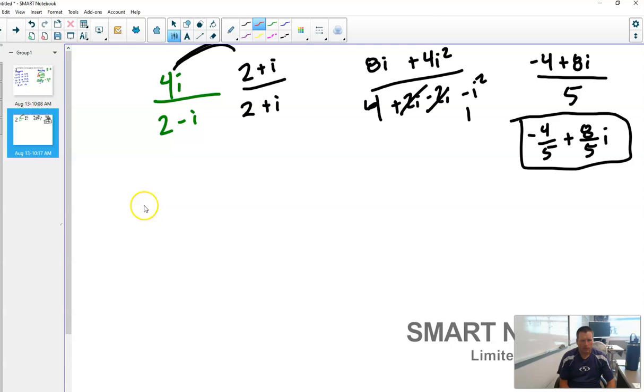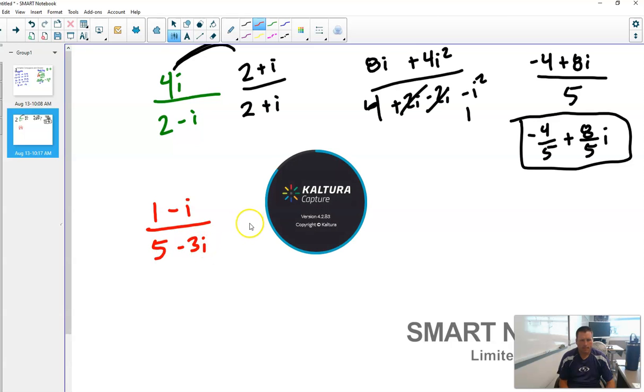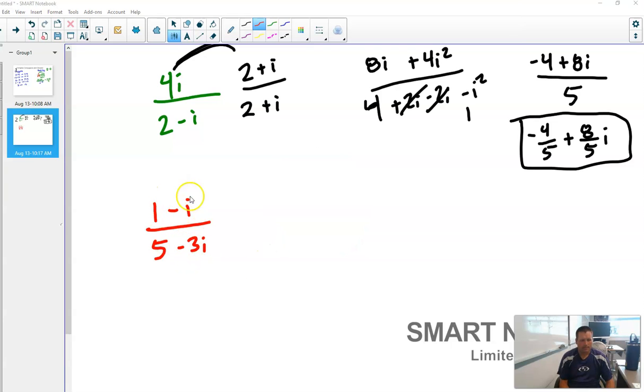Let's do another one here. Let's go with 1 minus i over 5 minus 3i. I'm going to times, again, by the denominator's conjugate, which is going to be 5 plus 3i. And I have to do that to both the numerator and denominator here.